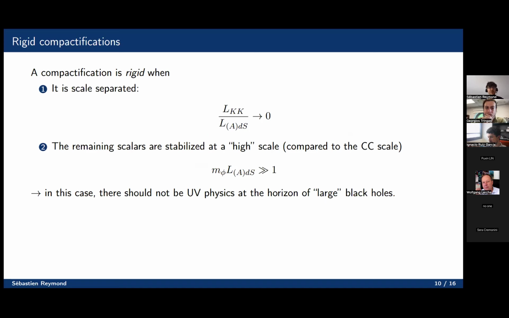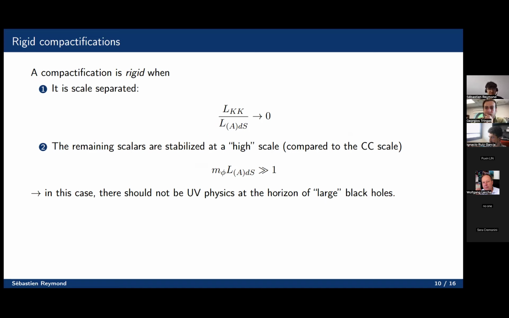The first one is that you would like a scale separated vacuum. So you would want the extra dimensions, the KK scale, to be very small compared to the AdS scale. The second criterion is that the remaining scalars should be stabilized at a high scale compared to the CC scale, so that the mass of those guys in AdS units is much larger than 1.